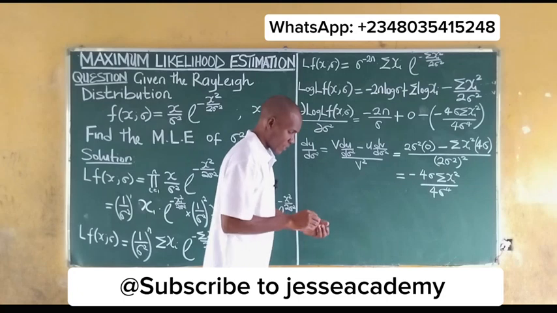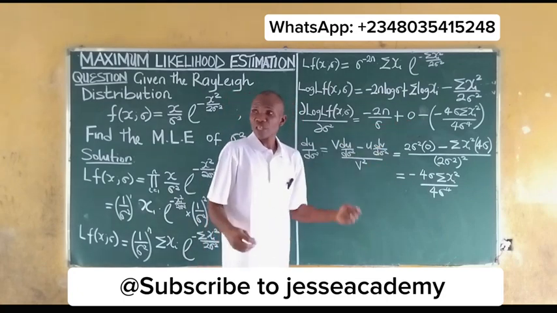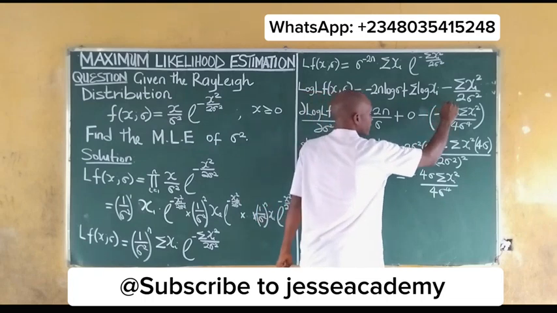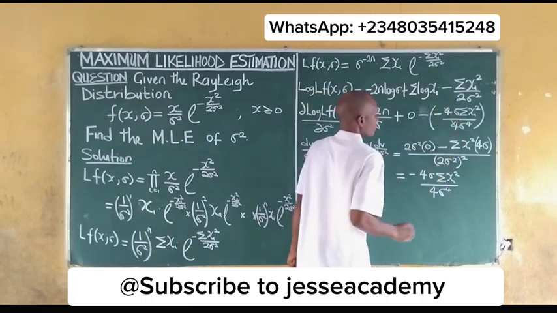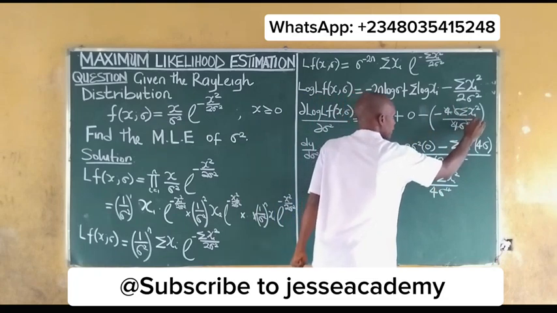So this is what we get. To get the maximum, we equate the whole of this to 0. But before we do that, we can cancel the common factors, and the sigma can cancel to give us sigma cubed here.